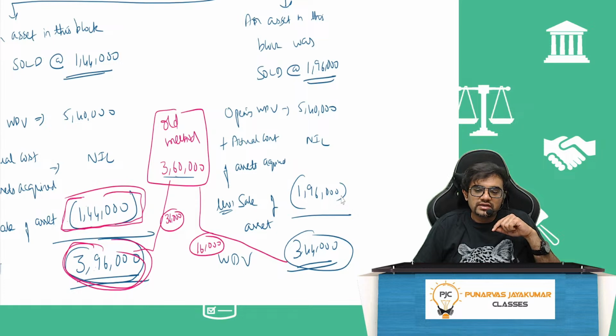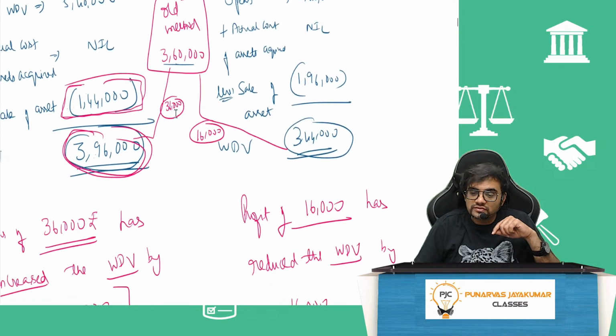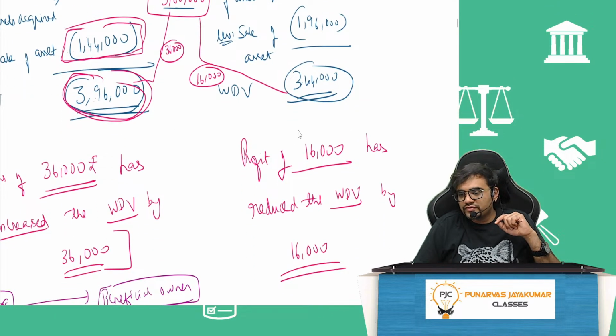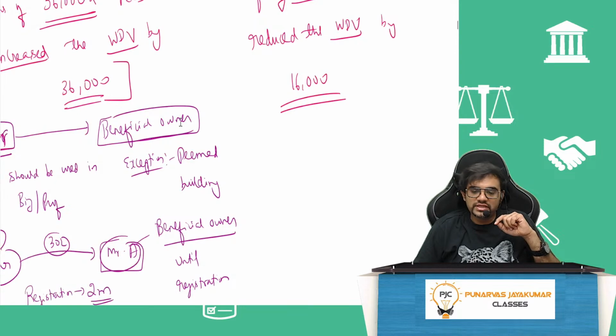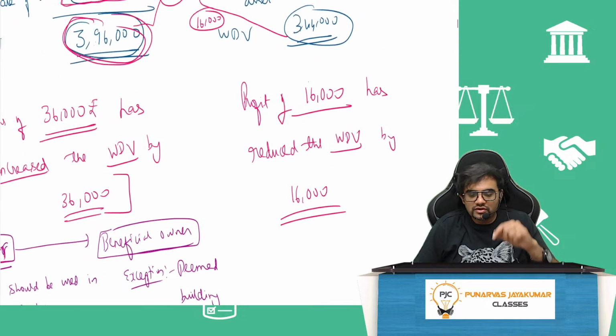The difference between 1,80,000 and 1,96,000 is 16,000. So the profit of 16,000 rupees in this case has reduced the WDV by 16,000. This is the beauty of the block method.